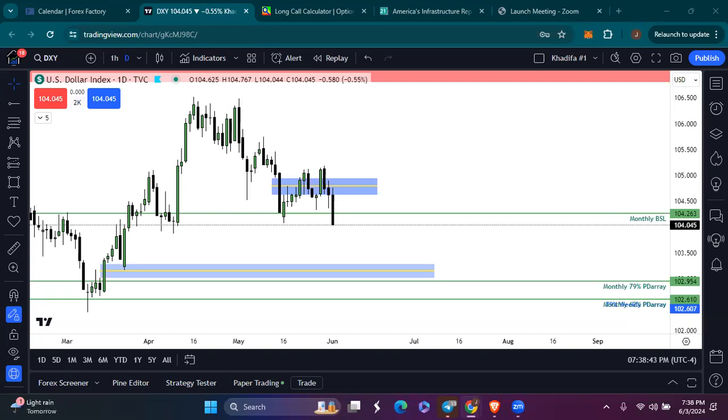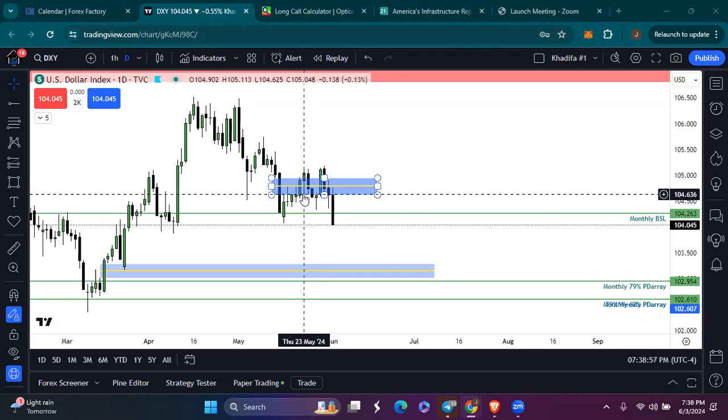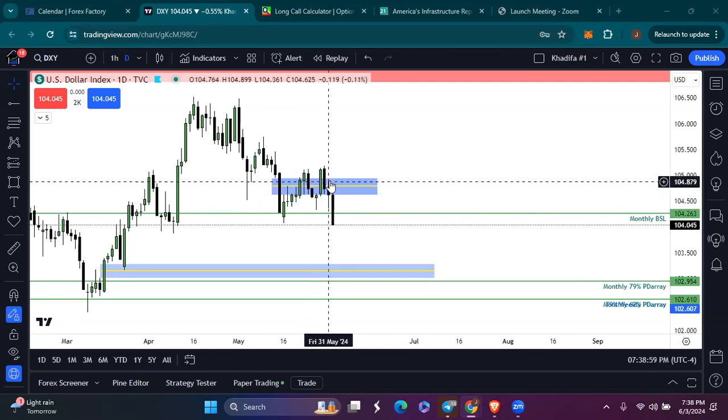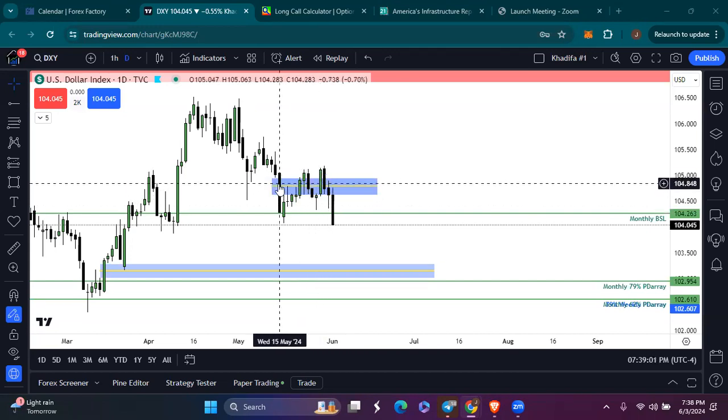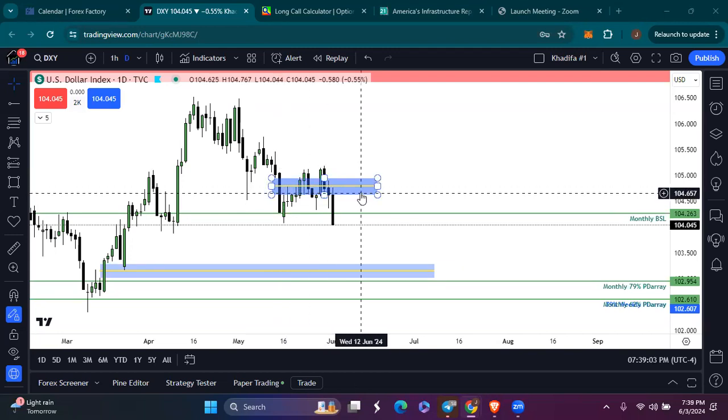So with that being said, you guys already know I've been bearish the dollar for the last month now. I've been waiting to see us give a definitive break in one direction out of this daily fair value gap.